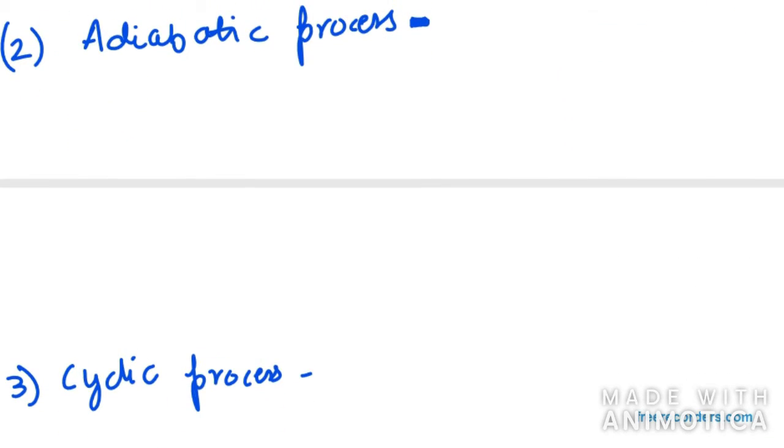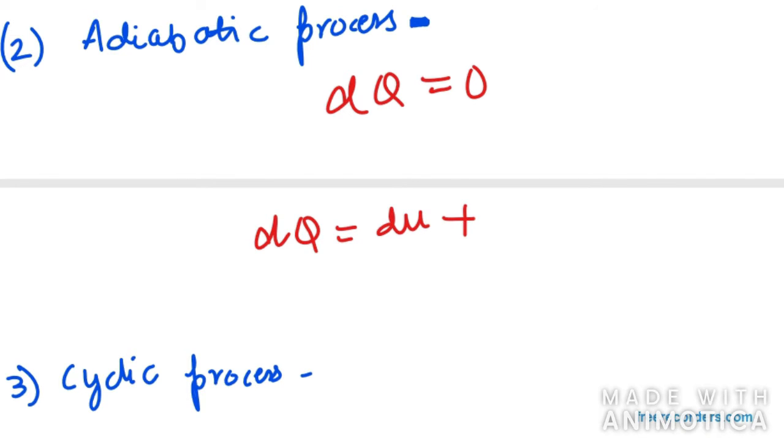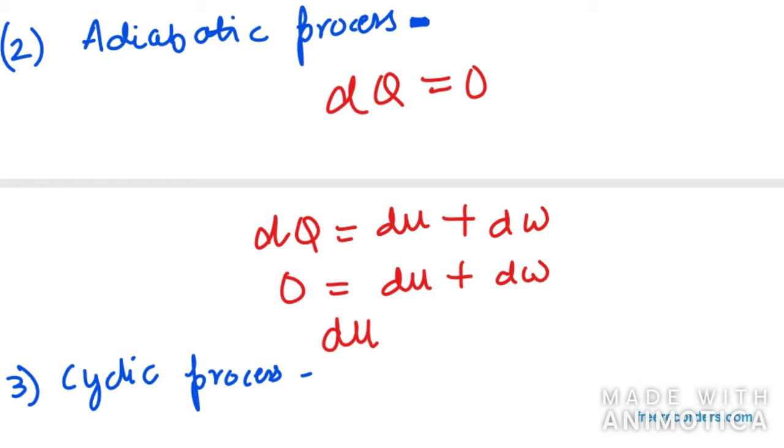Now the next one is adiabatic process. In the adiabatic process, no heat energy enters or leaves the system, as it is well insulated. That means dq will be equal to 0 and the first law of thermodynamics changes to 0 equals du plus dw, so du equals minus dw.